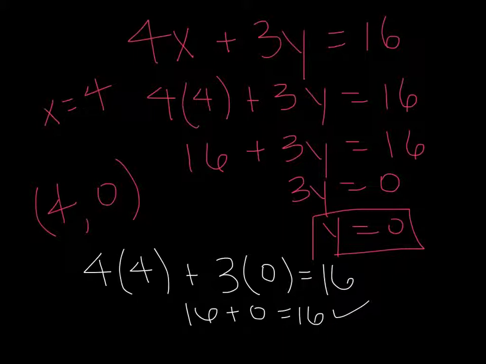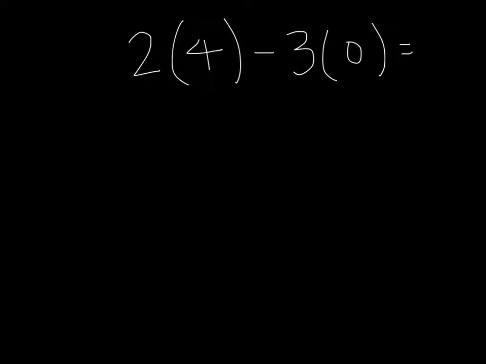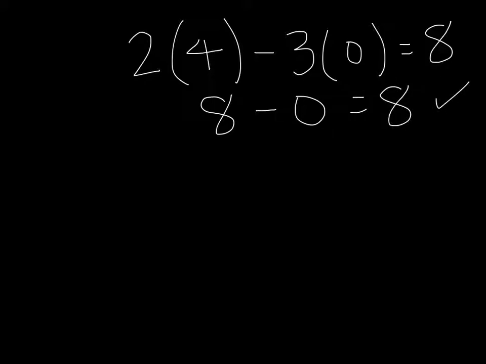And then the other equation, 2 times x when x is 4, minus 3 times y when y is 0, equals 8. 2 times 4 is 8, minus 0 is 8. That also checks out. So our point, 4, 0, is the solution. That is where both lines intersect.